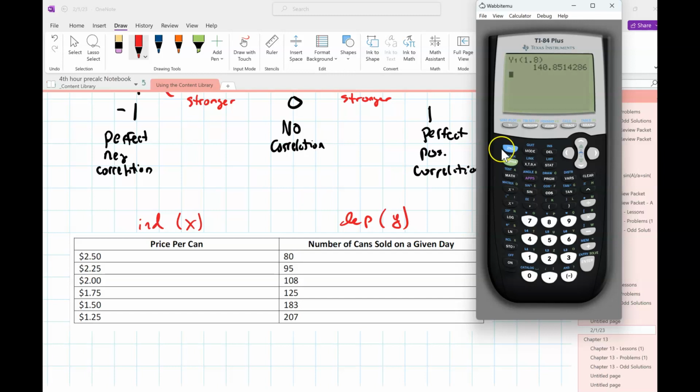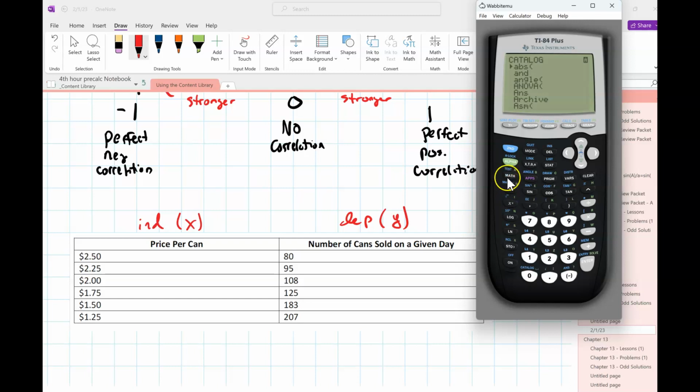So what we're going to do is start by pressing second and the number 0. This opens up the catalog on our calculator. The catalog is just an alphabetical list of every command on our calculator. The command we're looking for is called diagnostic on. So we could scroll all the way through all the A's and then all the B's and all the C's until we get to diagnostic on.